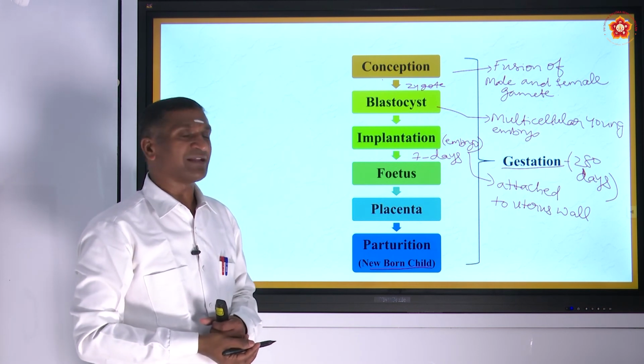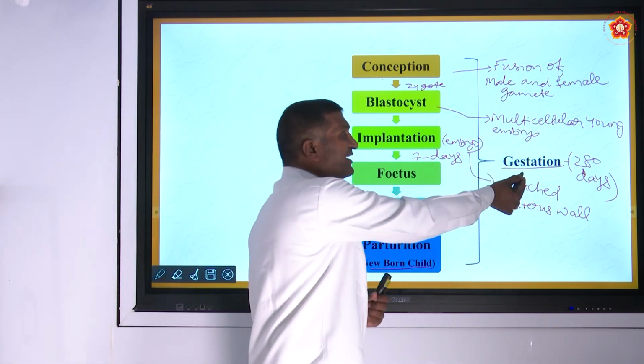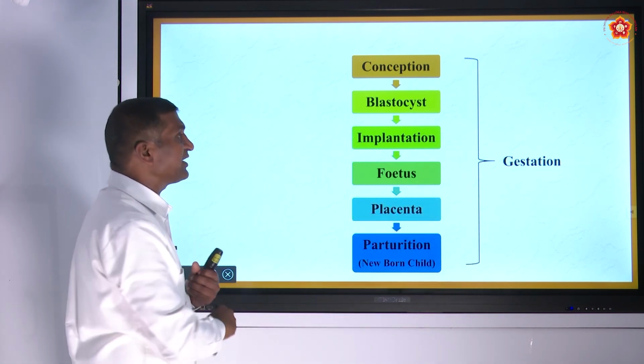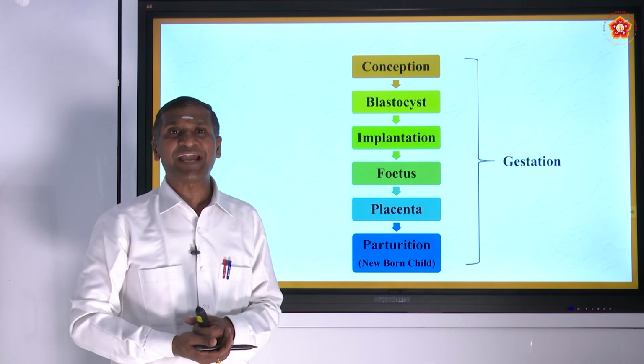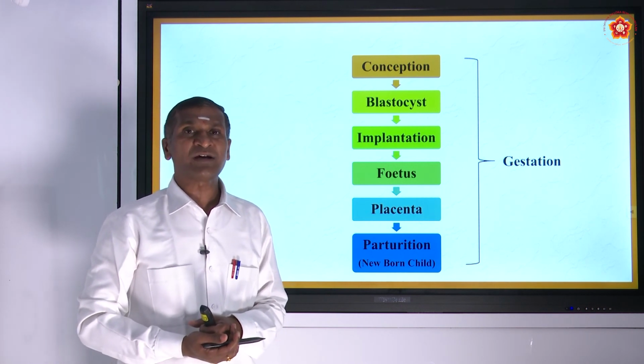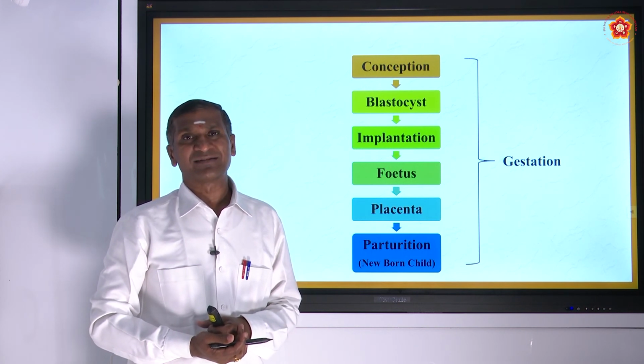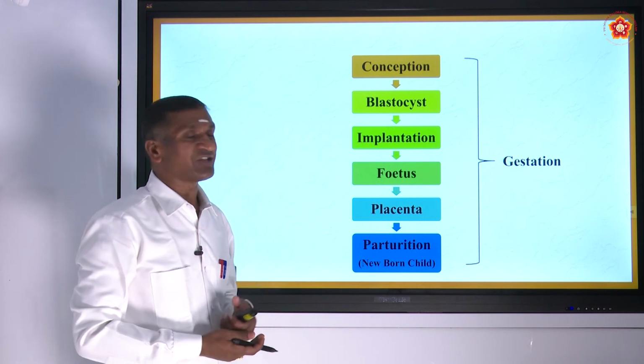This period is called the gestation period, the period of 280 days from the zygote formation to the birth of the child.